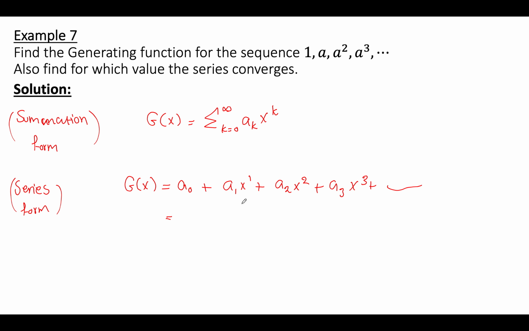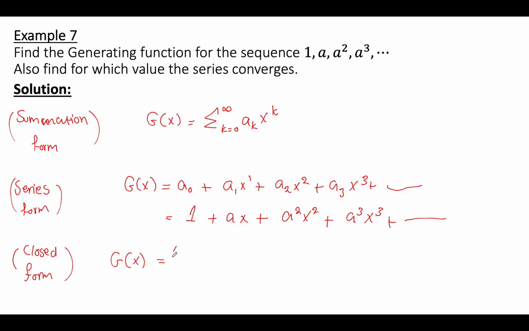So we got that it is equal to 1 plus ax plus a squared x squared plus a cubed x cubed plus, etc. Okay, now if we go back to the rules we discussed at the beginning of this session, we have that the closed form of such a series is equal to 1 minus ax to the power minus 1, which equals 1 over 1 minus ax.